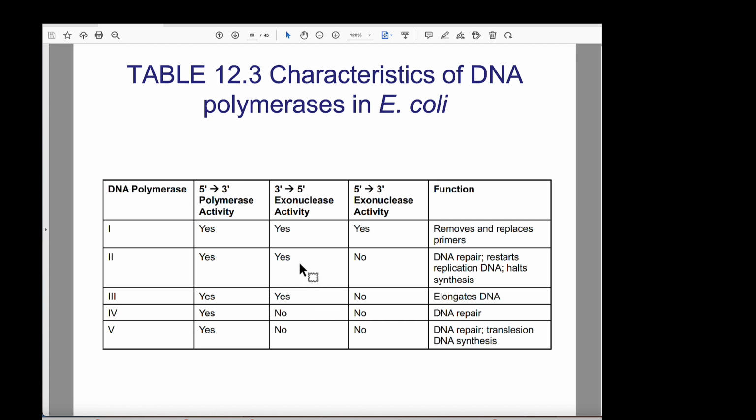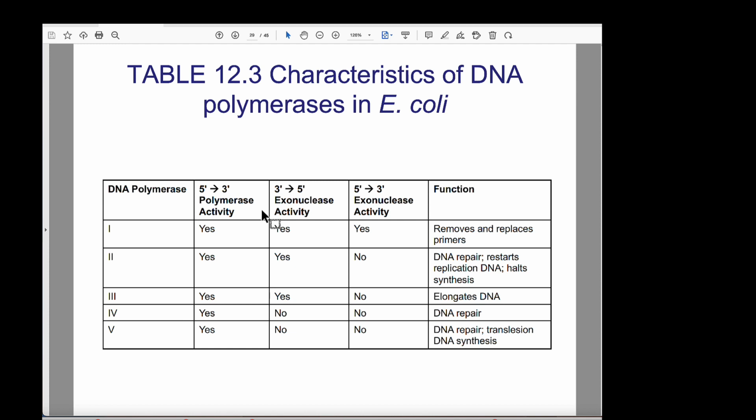Okay, so here are the main polymerases in E. coli. You have DNA polymerase 1 through DNA polymerase 5. A couple of things to point out as you're studying this table. There are different types of activity in terms of the polarity of the strand. You have the 5 to 3 prime activity and the 3 to 5 prime activity. 5 to 3 prime activity is associated with synthesis.